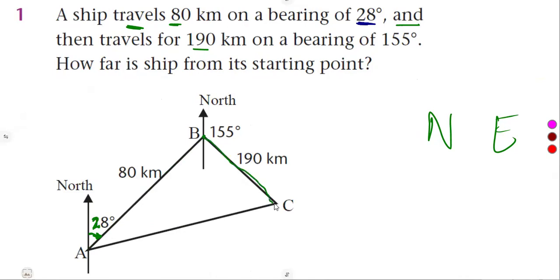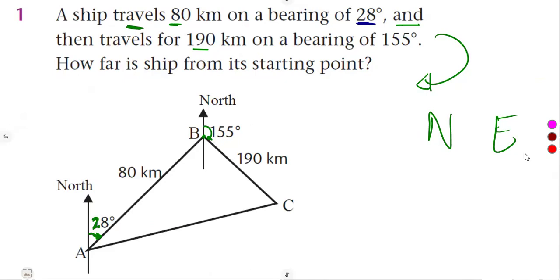This is 190 kilometers on a bearing of 155. We are not given north, east, or south, so that's a three-figure bearing, which we know is taken from the north in a clockwise direction. So this is our angle of 155 degrees.